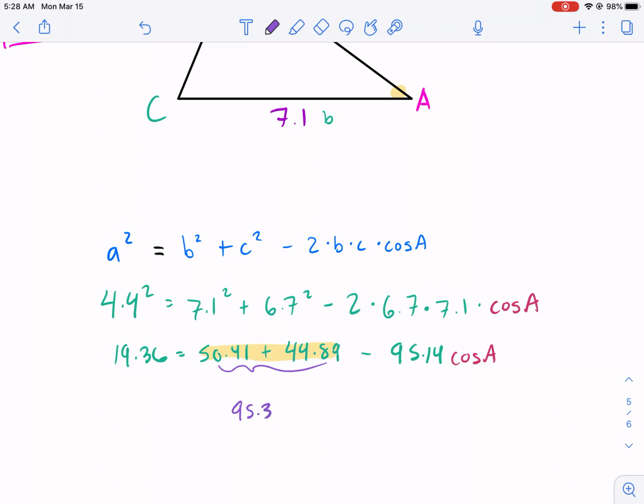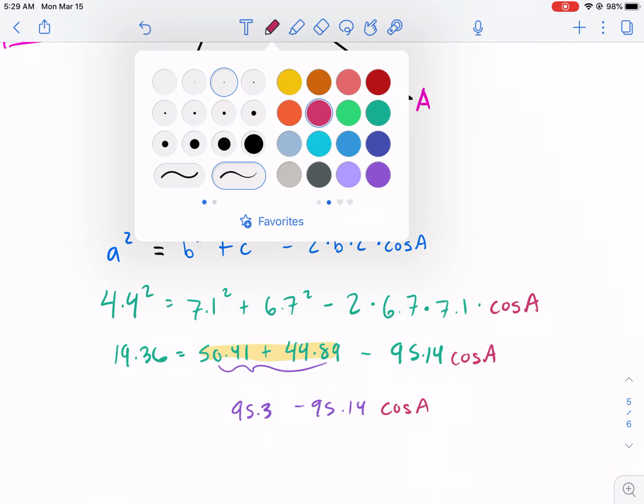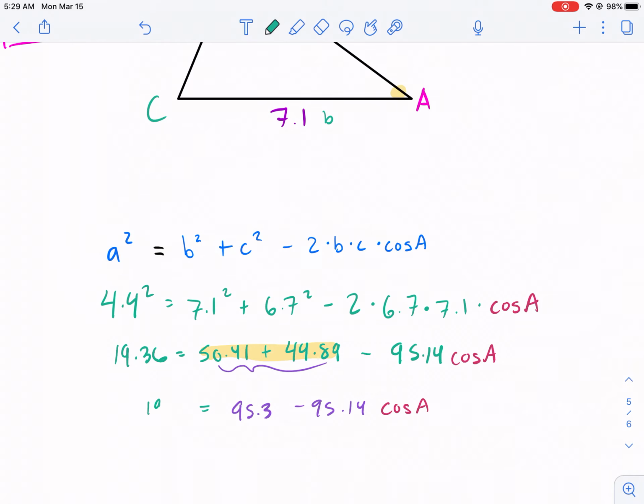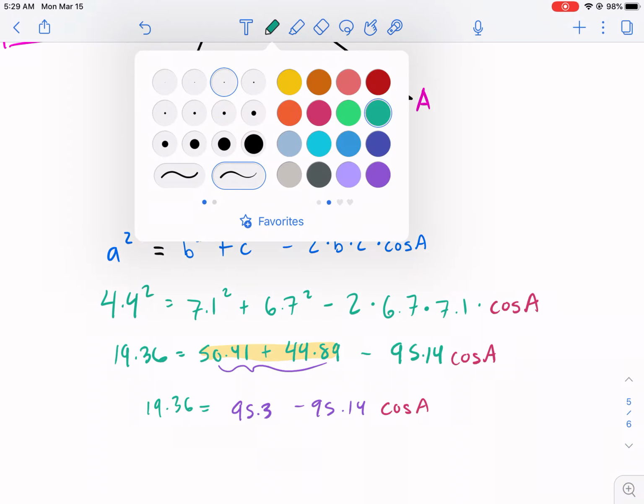So 95.3 minus 95.14 times cosine of A is equal to 19.36. So I'm going to subtract 95.3 from both sides.